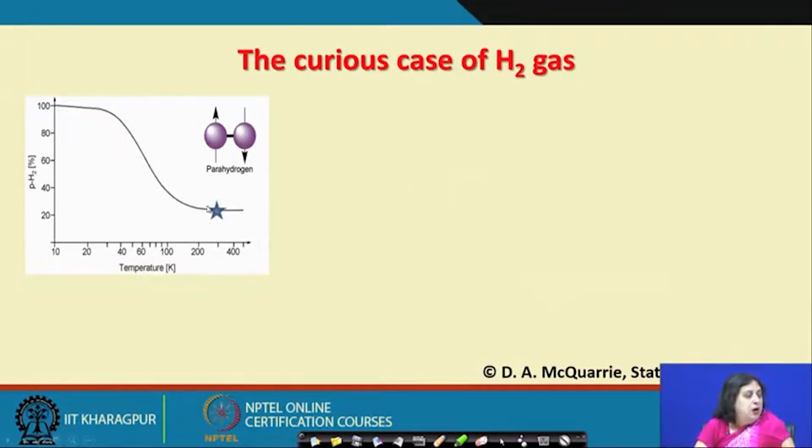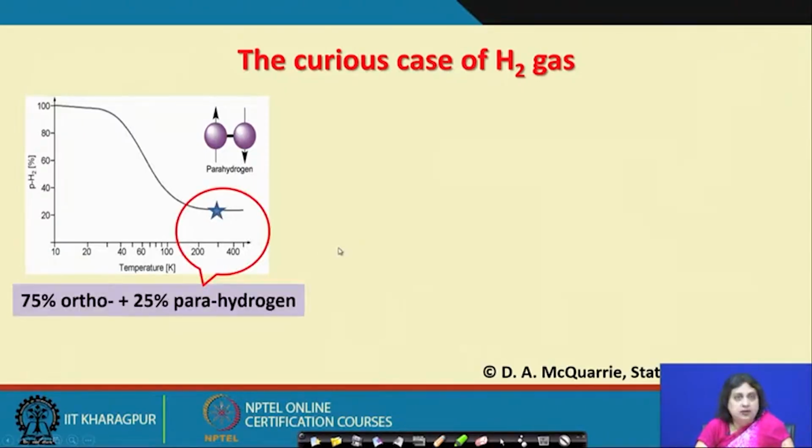Now, you can think of this composition at room temperature, where I have 75% ortho and 25% para-hydrogen. For this mixture, let me say that if I calculate the corresponding rotational contribution to CV, what will happen?